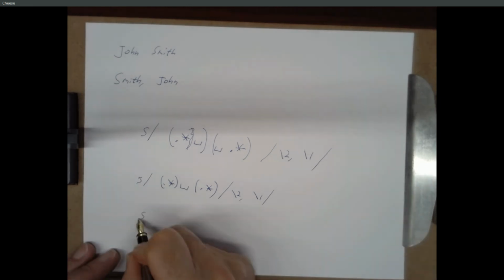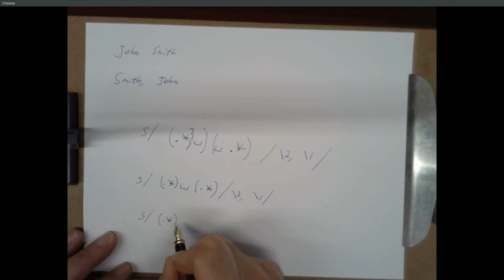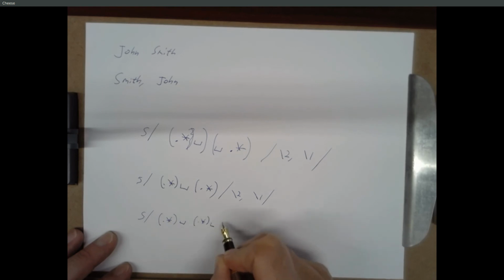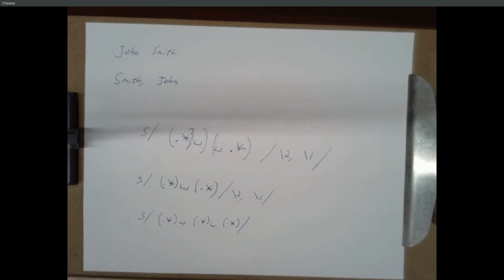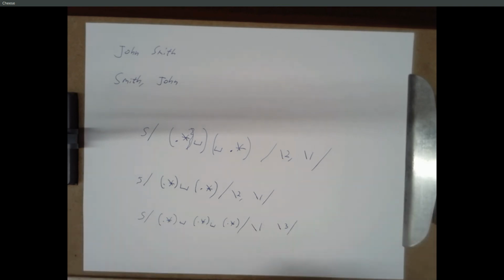You just have another dot star space. Like that. And then if we just want to get rid of the middle name, we could just replace this with \1, \3.